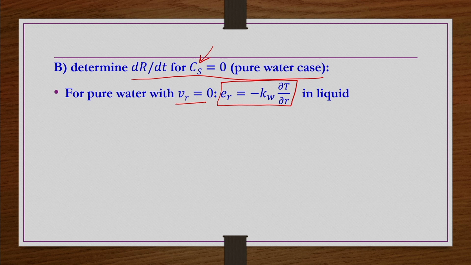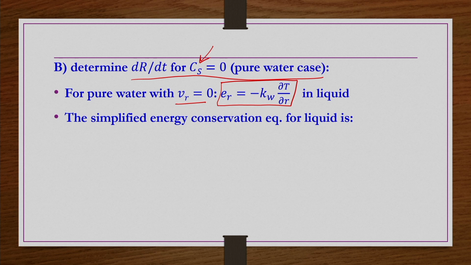And the system is so small, there is no velocity, so the viscous dissipation, work done by pressure, all those terms would also not be there, right. The simplified energy conservation equation for liquid is then d by dr of (r squared Er) equals 0.